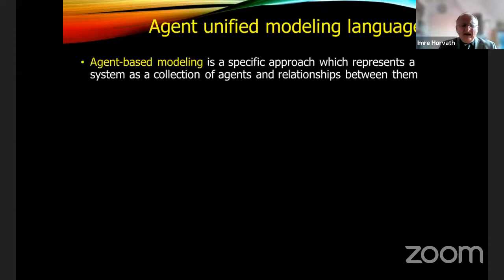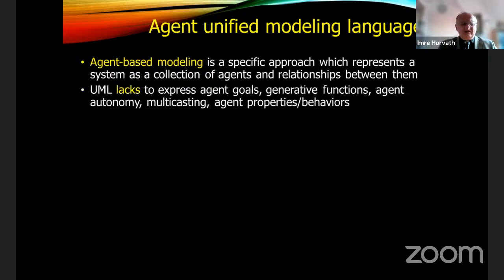Here, I would like to mention the agent unified modeling language, because agent-based modeling is a crucial issue, and it is actually a specific approach which represents a system as a collection of agents and relationships between them.